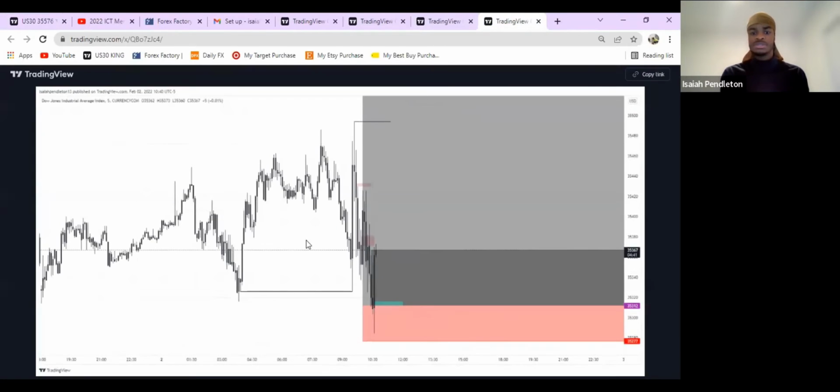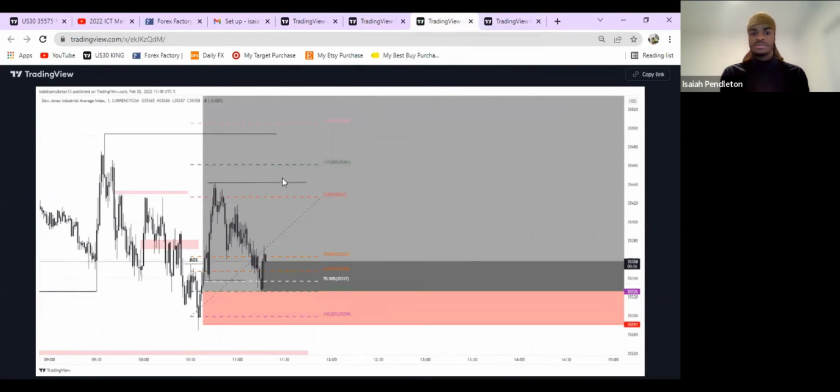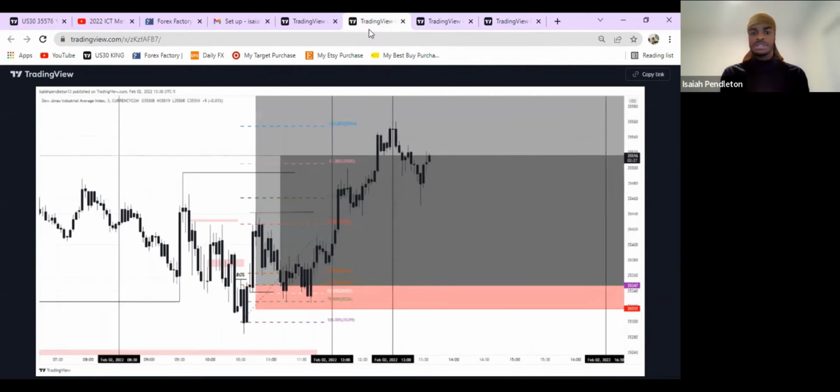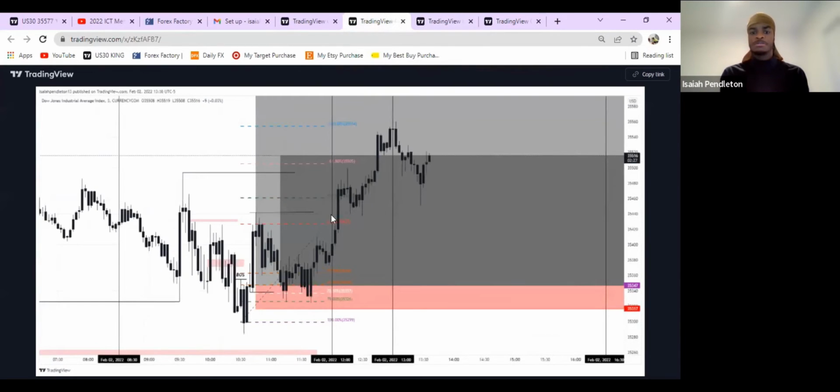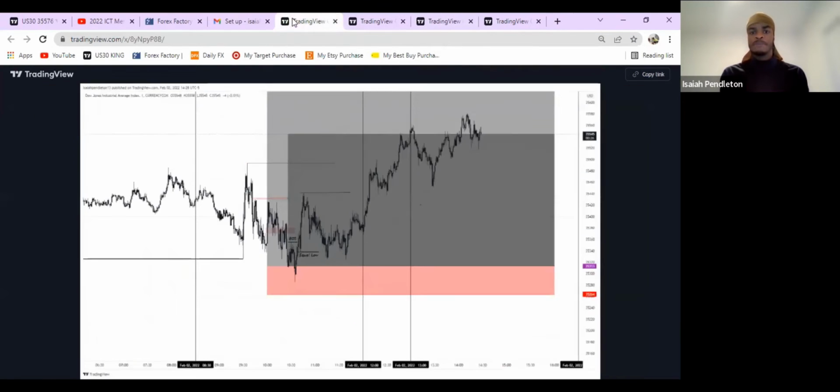This was the first entry here, as you see. There, a refined entry. Also, for anybody else that wanted to get into the trade, Fibonacci from here to here, and entries right here. And then it continued to go up.